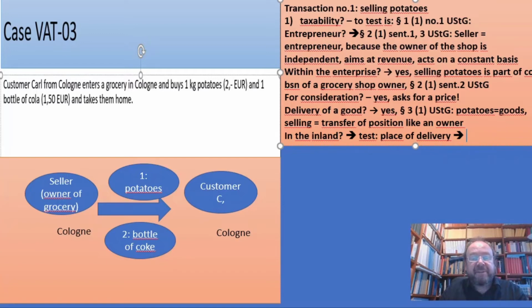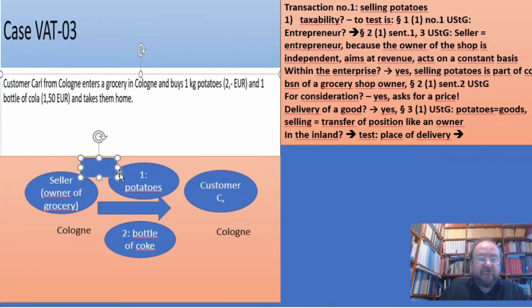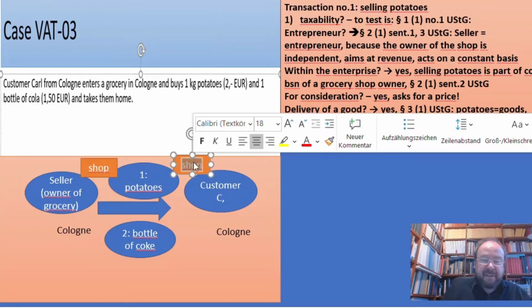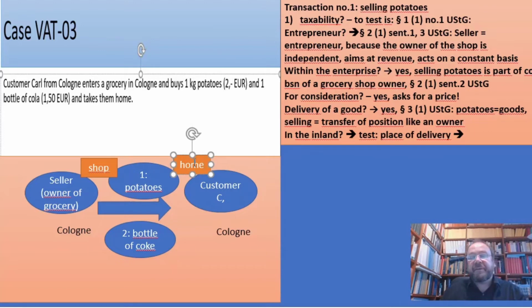Now, as we see it here, our customer goes to the grocery and takes the goods at the beginning. Starting point here, where the goods begin to move, is the shop, and the end, where the goods arrive later, is at home of the customer.